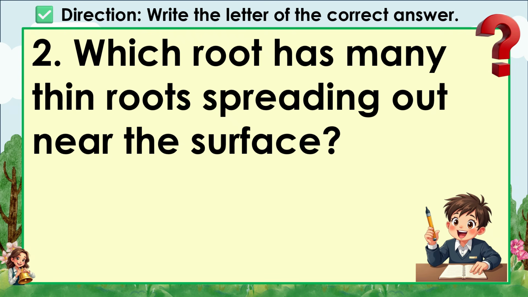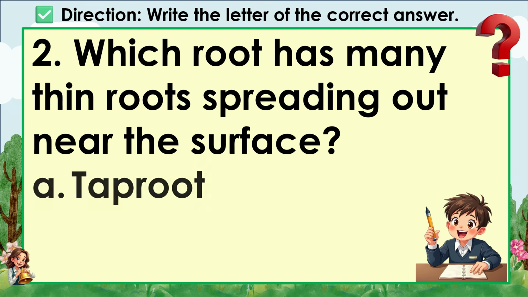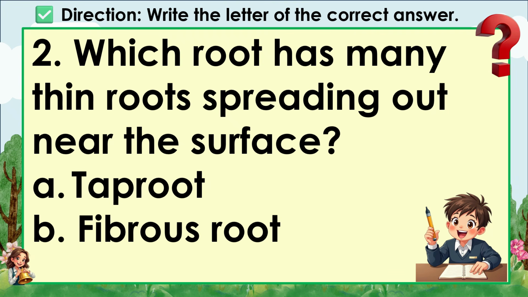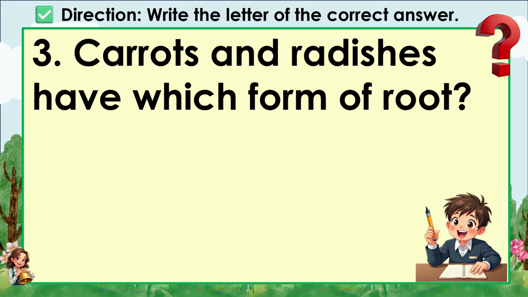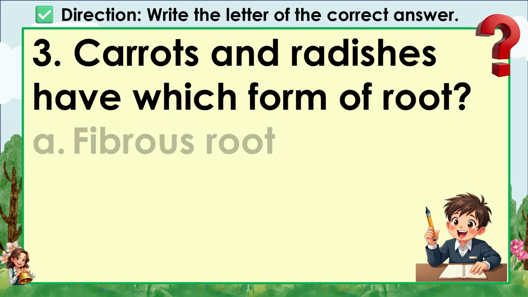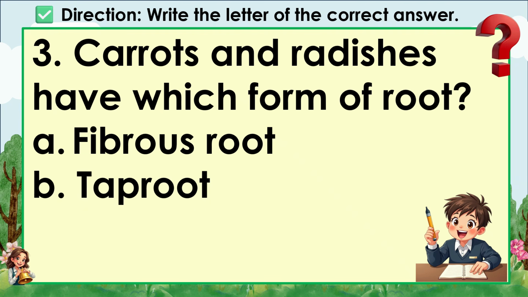Which root has many thin roots spreading out near the surface? A. Taproot. B. Fibrous root. 3. Carrots and radishes have which form of root? A. Fibrous root. B. Taproot.